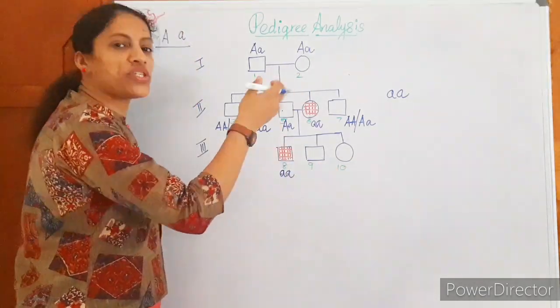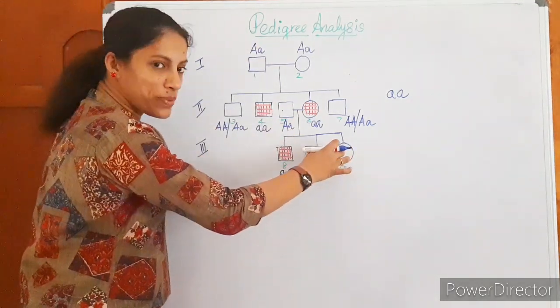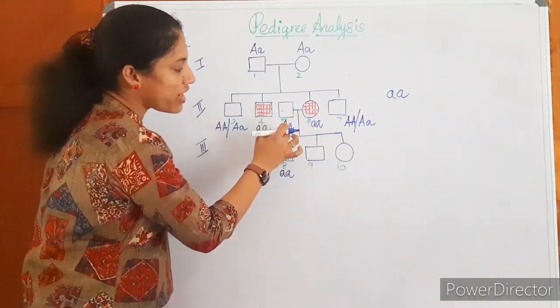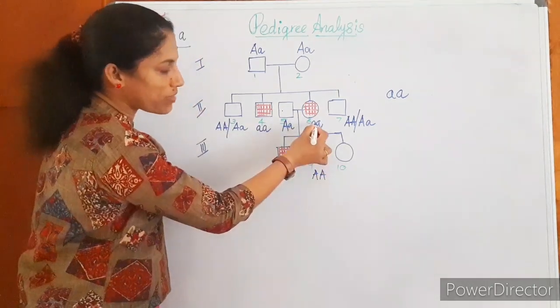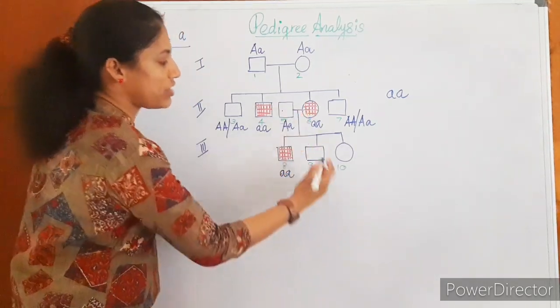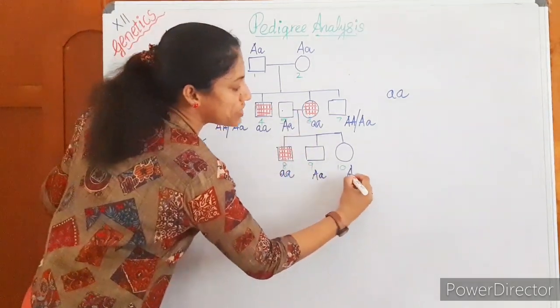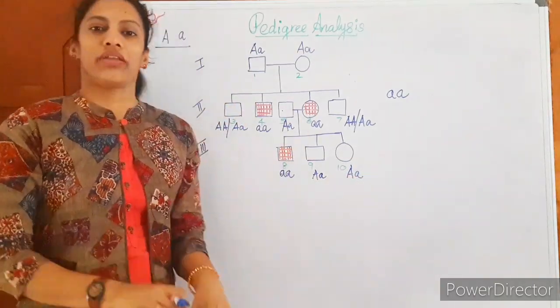If it were small a, it should be shaded, diseased. They are normal persons, so there is no chance for capital A capital A. Then one should come from the other parent, and there is no capital A allele from the other parent. So these are surely capital A small a. This way we work out a pedigree.